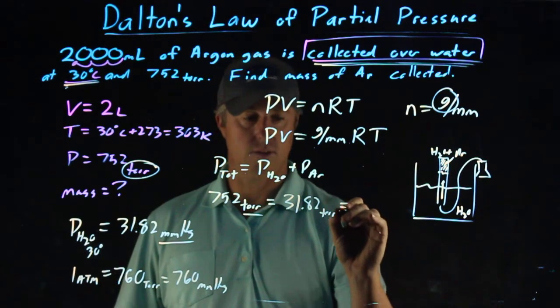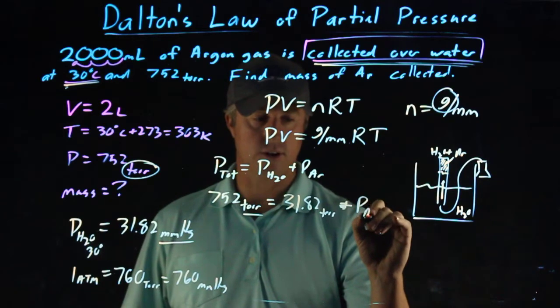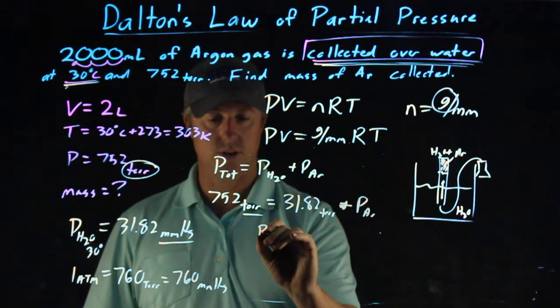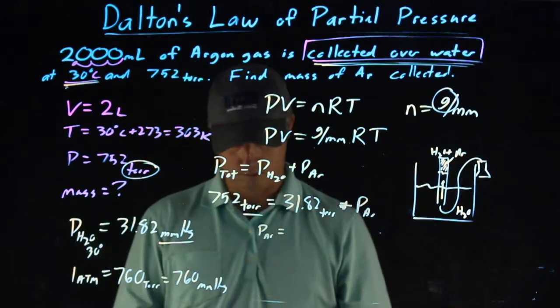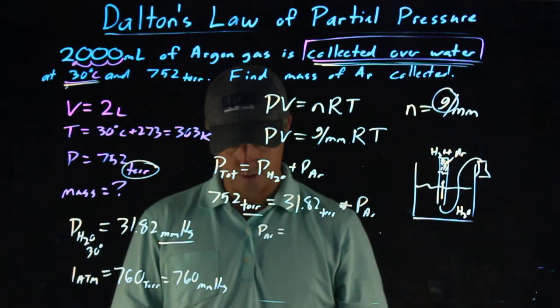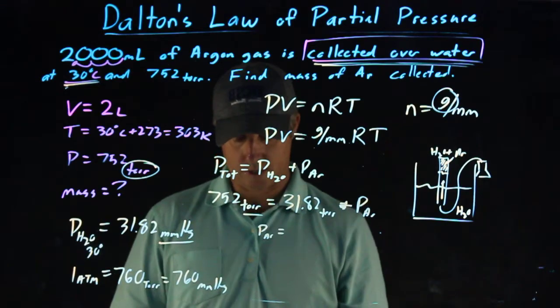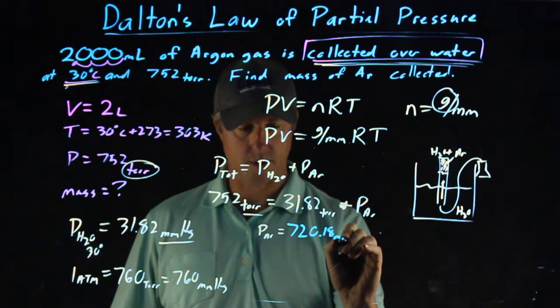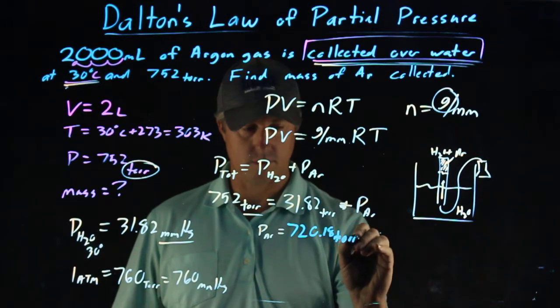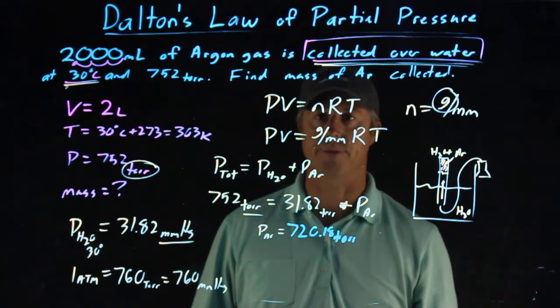This is the pressure of water, plus the pressure of argon. So the pressure of argon equals, so let's do 752 minus 31.82. The pressure of argon is 720.18. I said torr. Torr. Same thing.